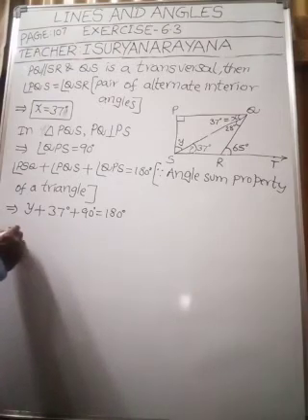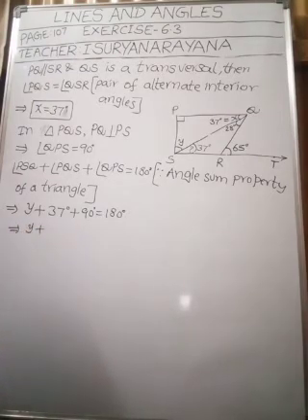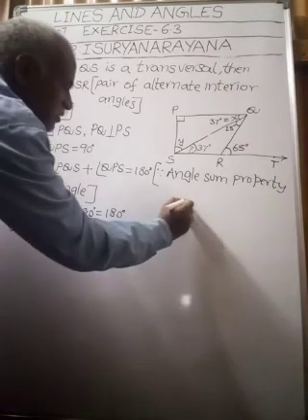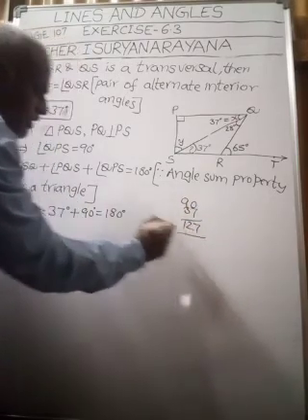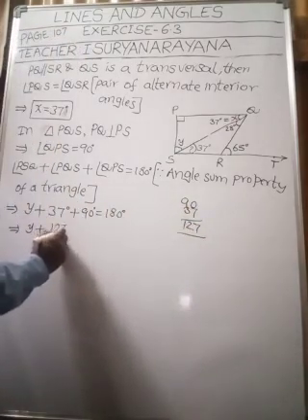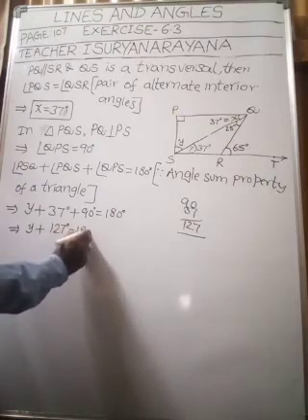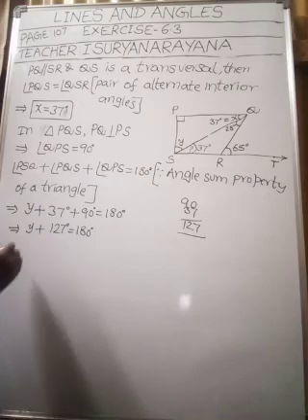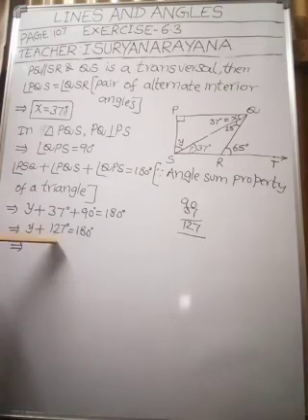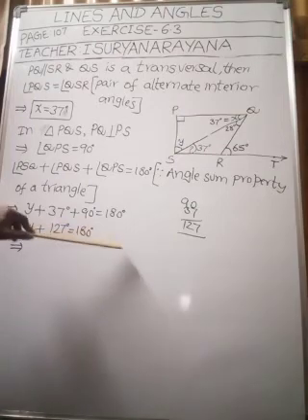This implies Y plus, let us simplify these two numbers, 90 plus 37. What will you get here? 127 degrees is equal to 180 degrees. Understood this step, my children? Right. This implies, now we transpose 127 degrees to RHS, then it becomes minus 127 degrees.